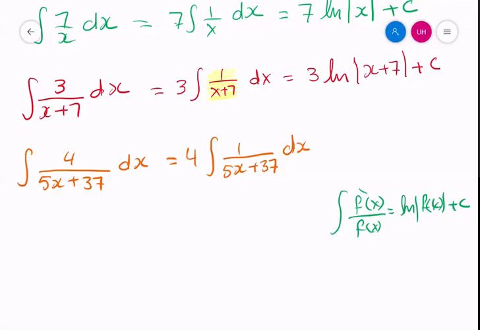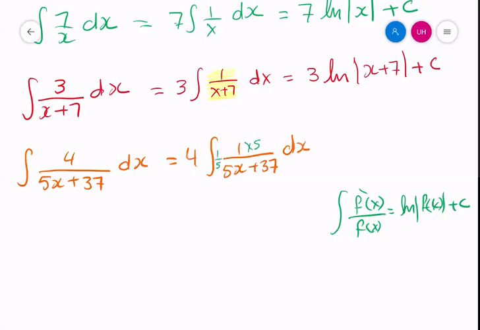The derivative of 5x plus 37 is 5. Do we have it at the top? No. So we pretend, just to make it easy to write it as ln, we multiply by 5 and divide by 5. In this case, it's going to be 1 over 5 ln 5x plus 37.